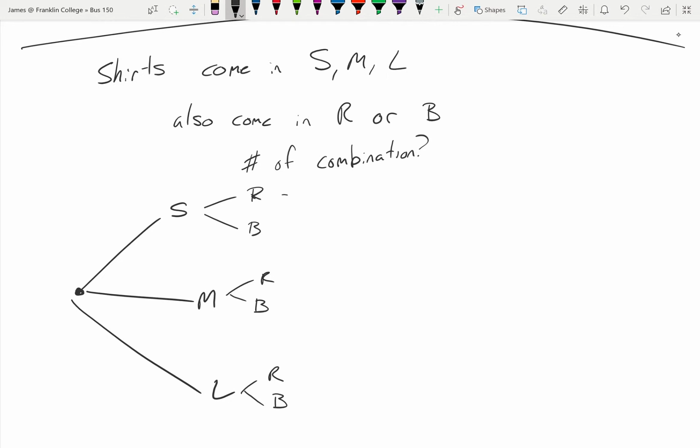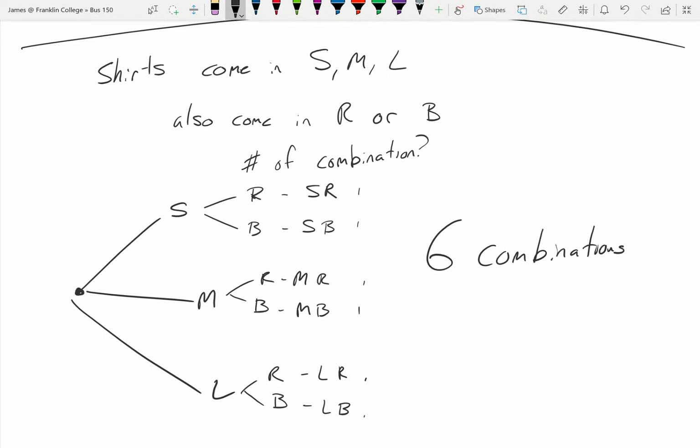So we can denote from up here, this represents a small red shirt, a small blue shirt, a medium red shirt, a medium blue shirt, a large red shirt, and a large blue shirt. And then we just count up all our possible combinations. So 1, 2, 3, 4, 5, 6. There are 6 combinations.